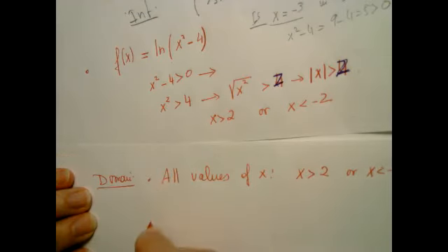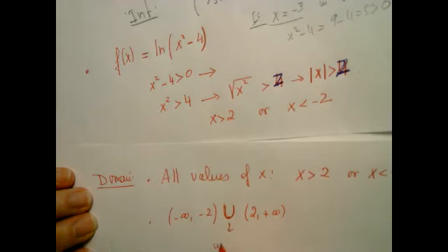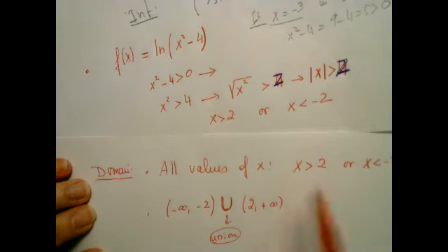Or in interval notation, it's from -infinity to -2, but you want also everything between 2 and infinity. And the way we write this in interval notation is by using the union sign. Union means both of them. I want x could be here or it could be here. So the union means the or.